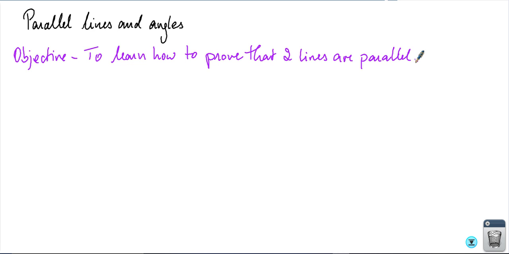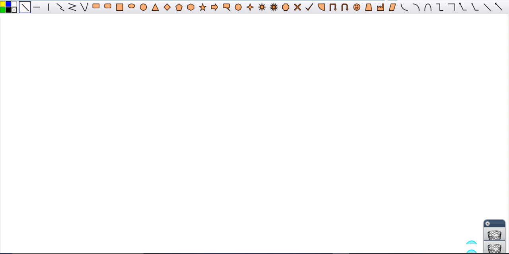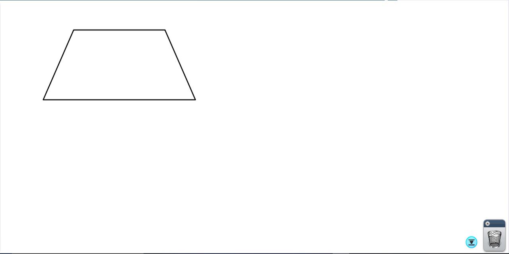Okay, so let's start immediately from a diagram. So we have a diagram. For example, we have the following diagram. When you see the diagram, some of you might say it is a trapezium.